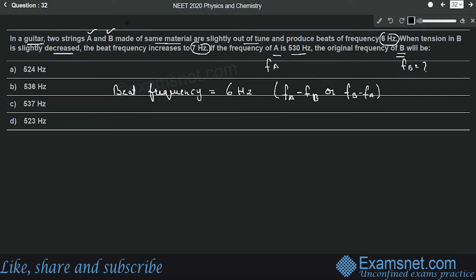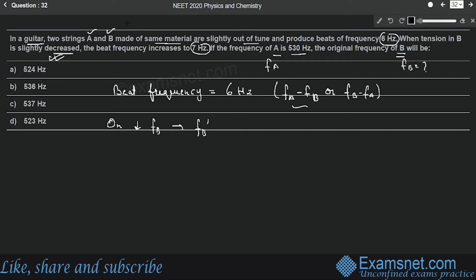Now here it is given that when tension in B is slightly decreased, then the beat frequency increases to 7 Hz. Okay, suppose on decreasing FB, it becomes FB dash. Okay, so it is given that the new difference of FA and FB dash is increased to 7 Hz.